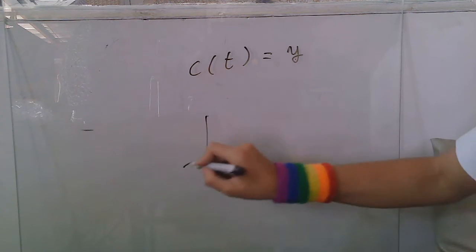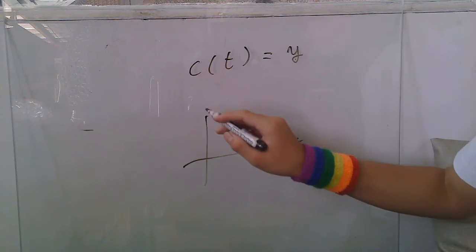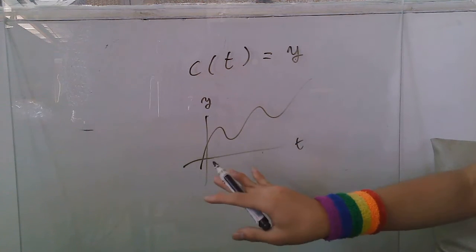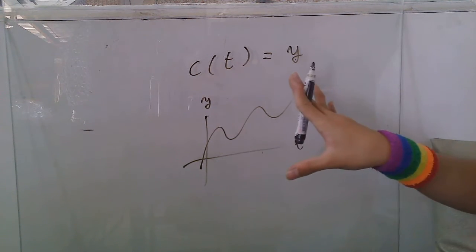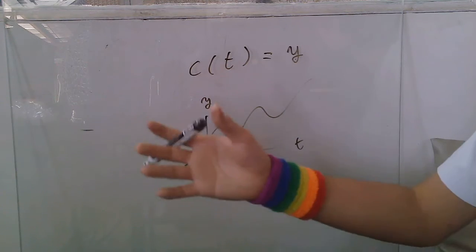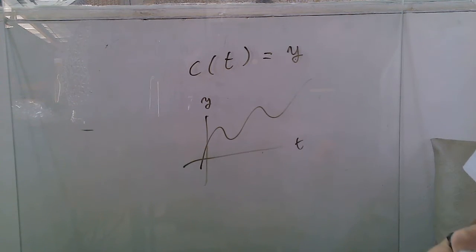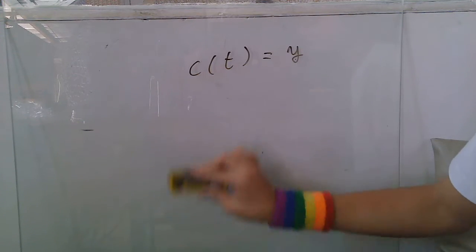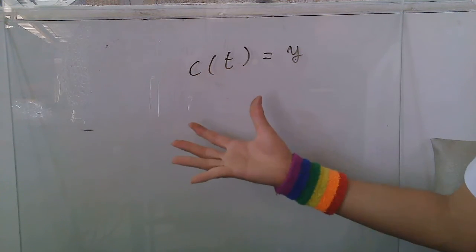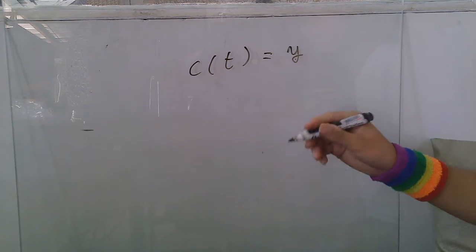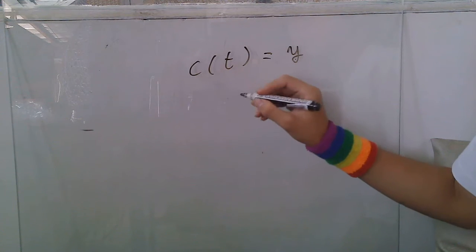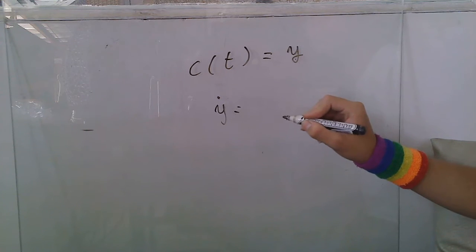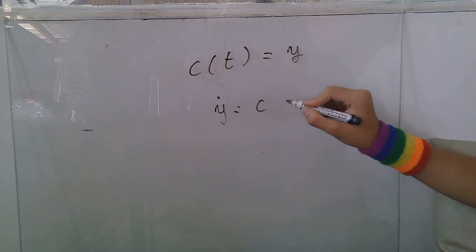So we have some function of t, y. Say this is t. We want to describe it with respect to time, so the decisions made over a certain interval, you guys know the drill. Now, what if we're given some initial value problem? Y dot equals, well, let's say c plus t.